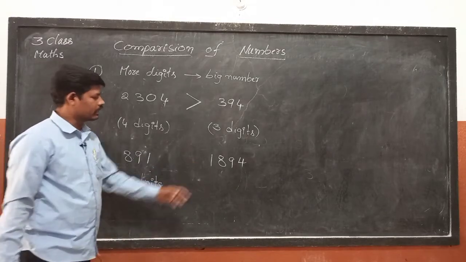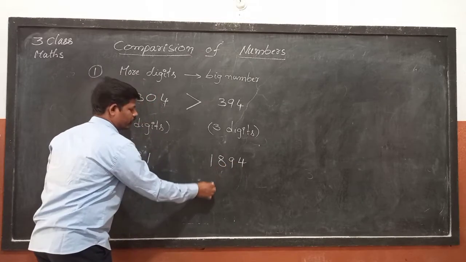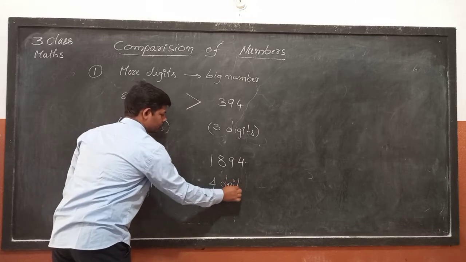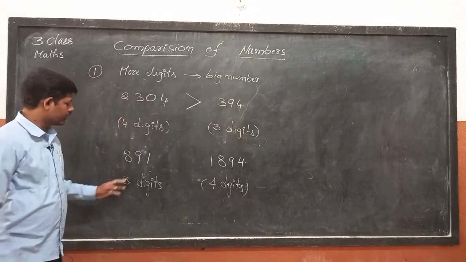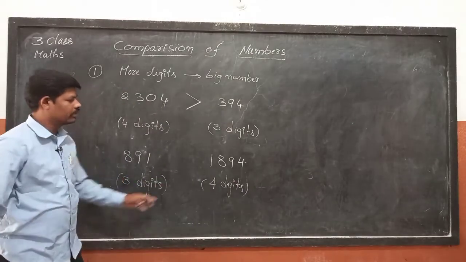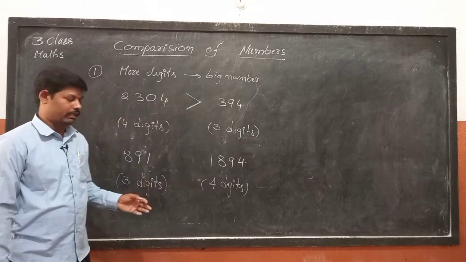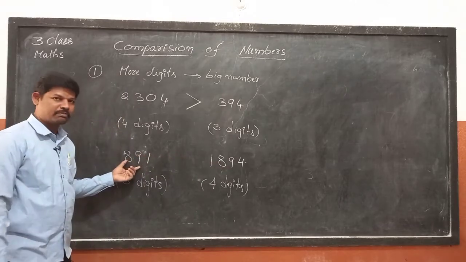Here how many digits are there? 1, 2, 3, 4. 4 digits. So in this number only 3 digits, in this number 4 digits are there. Now you can understand which number is the big number and which is the small number.